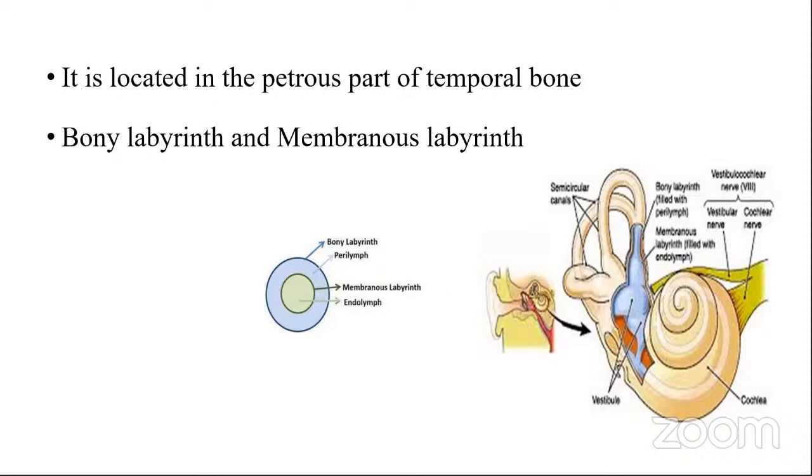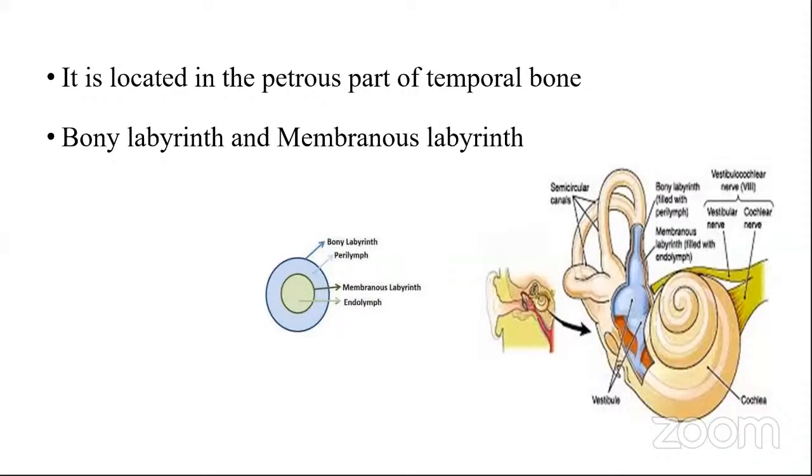On the right side, you can see the petrous part of the temporal bone where the labyrinth is located. You can see the bony labyrinth filled with perilymph and the membranous labyrinth, which is filled with endolymph.